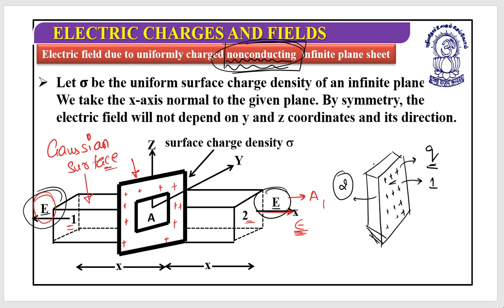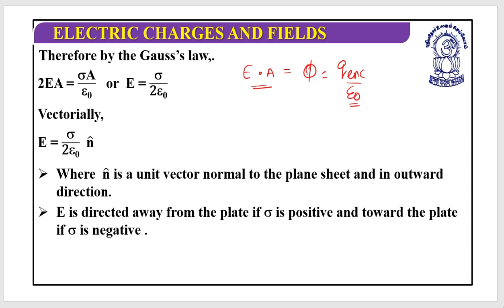Here the area vector would be in this direction and theta would be 0 degrees. Here also the electric field will be in this direction, the area vector would be in this direction, and theta would be 0 degrees. So here this is EA, and one more EA would be there. So that comes to EA plus EA, which gives me 2EA, and that would be equal to q enclosed by epsilon naught. Now I know that sigma is equal to q by A. So q I can write as sigma into A divided by epsilon naught, that I have written here.